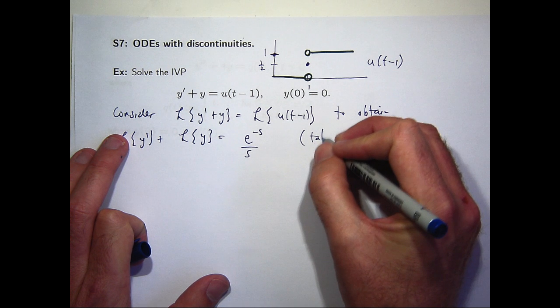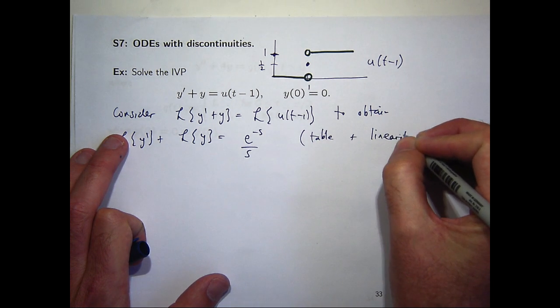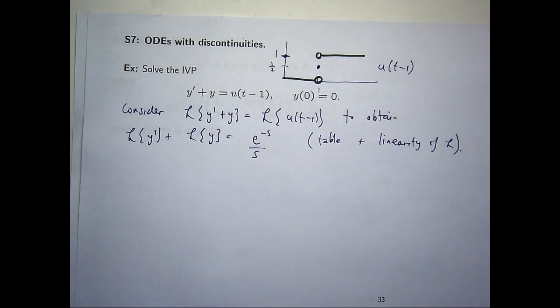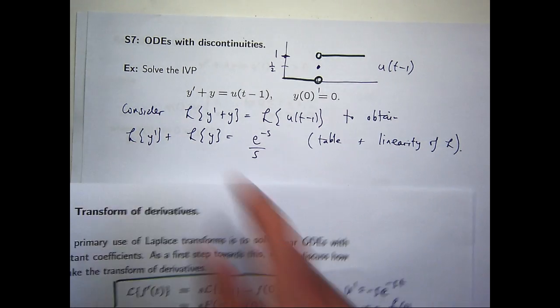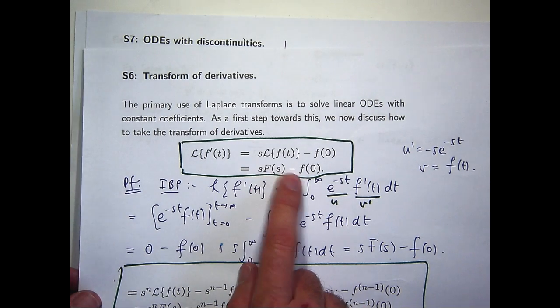So here on the right-hand side, I've used a table. And on the left-hand side, I've used the linearity of the Laplace transform operator. Well, on the left-hand side, I can keep going and just look at the transform of derivatives. So L of y prime is going to be s times big Y of s minus y of 0.